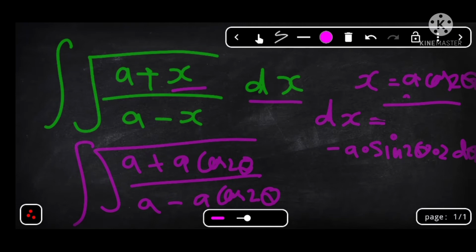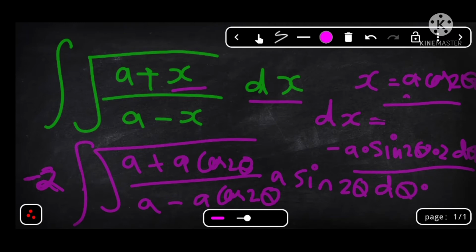In place of dx we can write this one, right? There is a 2 and minus a is there, so let's take it outside. Sorry, a we cannot take right now because it has to be taken as a common term. So take 2 outside, write the rest of them: a sine 2 theta d theta.